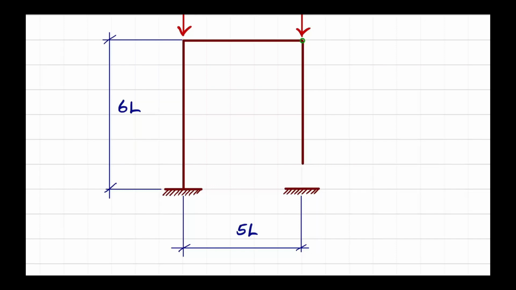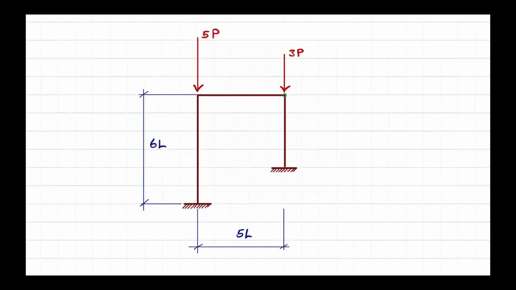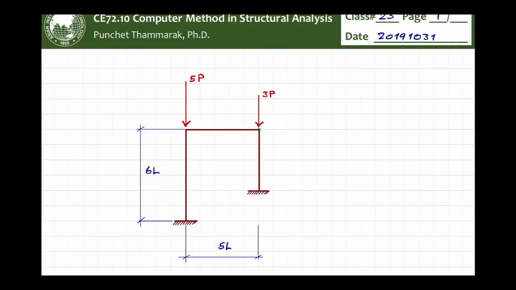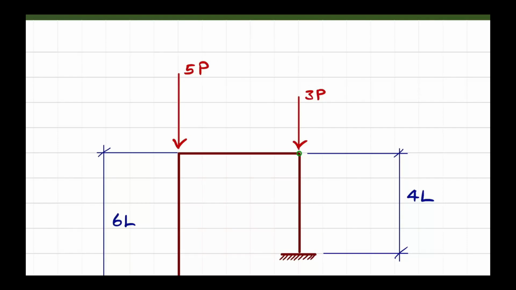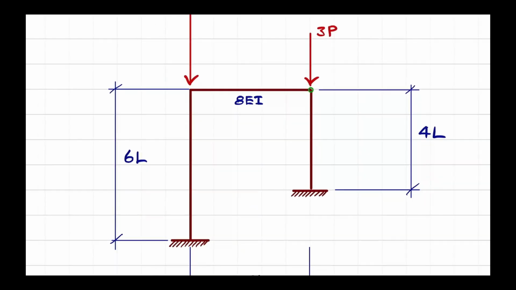Make it like this. So this side is 4L. The beam was supposed to be, let's say, 8EI, whereas the columns are, the first one is basic, just EI, and this one is 3EI.